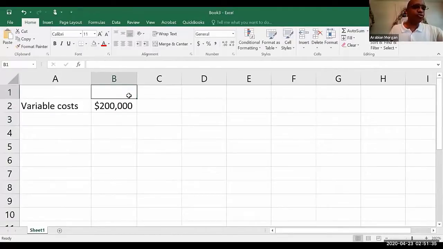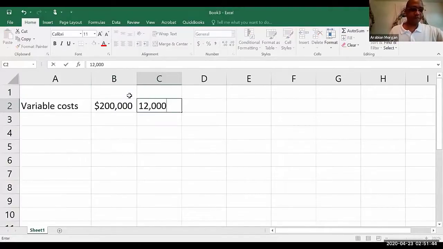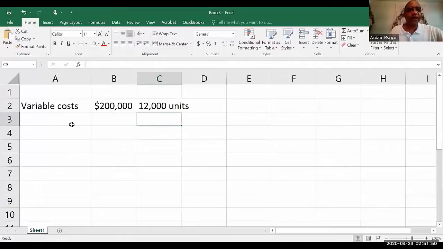That was assuming that 12,000 units were produced. Now we want to calculate the variable costs at 10,000 units.